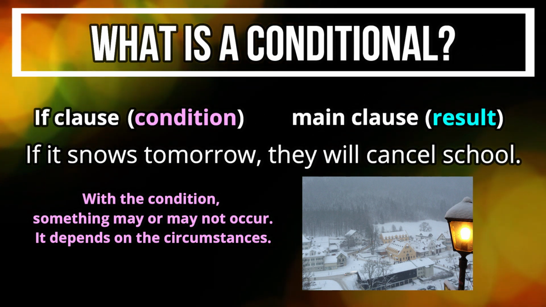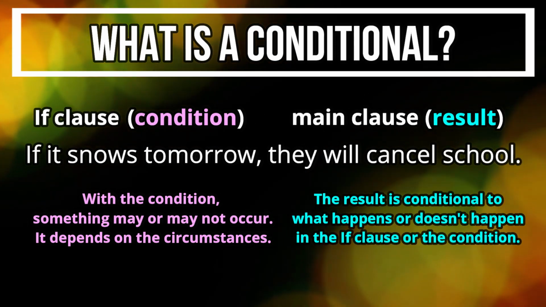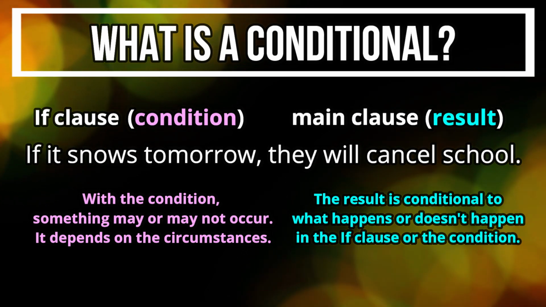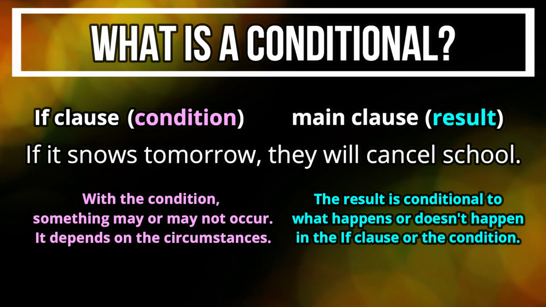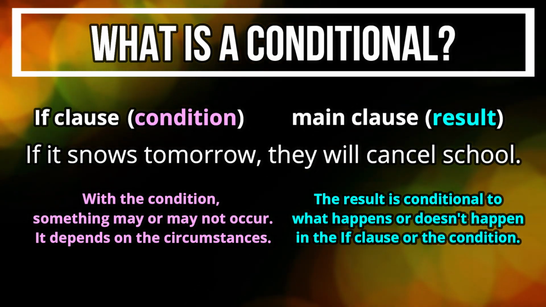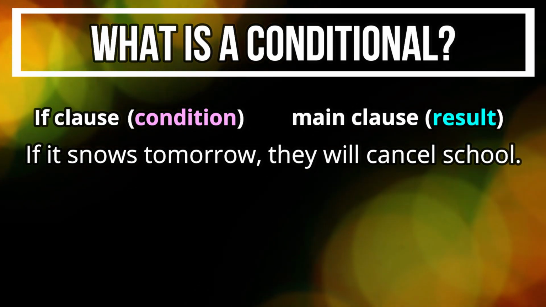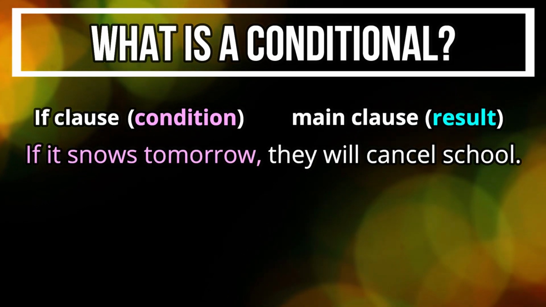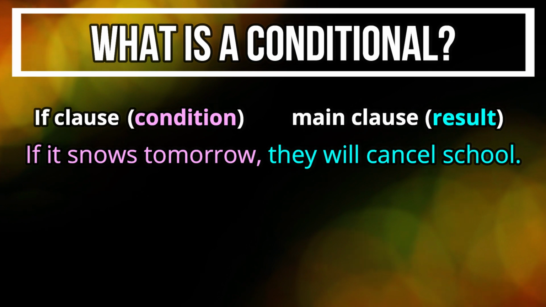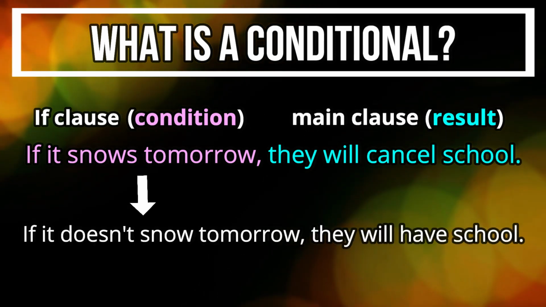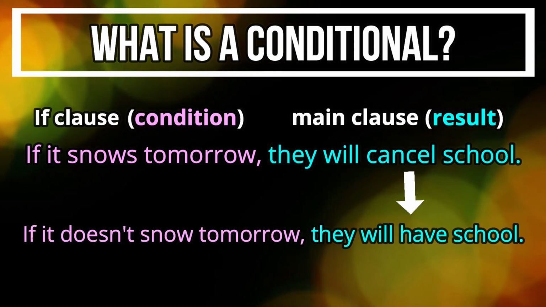So we can say the result is conditional to what happens or doesn't happen in the if clause or the condition. So according to this sentence, if it snows tomorrow, they will cancel school. And if it doesn't snow tomorrow, they will have school.